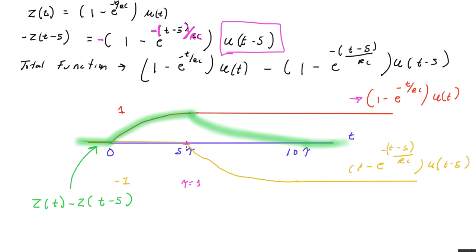And it's inverted, so we get that same shape, just inverted, and it reaches minus 1. And then we sum it. There's really only one function until 5 tau, and at that point this is subtracting until we come right back down to 0. So that would be the plot.